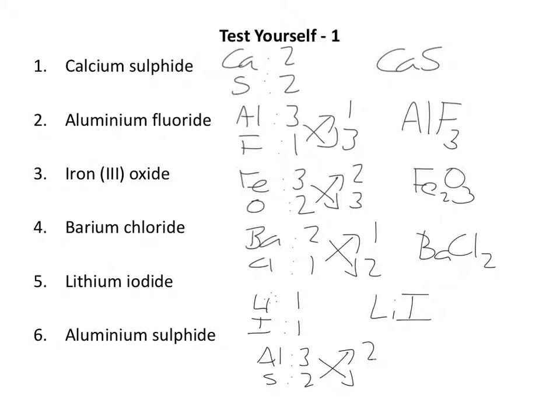So the 2 comes up to the top, the 3 goes down below. Okay, so that means aluminium, we've got 2 of those, and sulfide, we've got 3 of those. And that was a little bit pacey, but hopefully you paused it before, had a go at it yourself, and then you can see how I'm working, swapping them over when they're different, and just using one of each when they're the same. Part 2 of the video is to come.